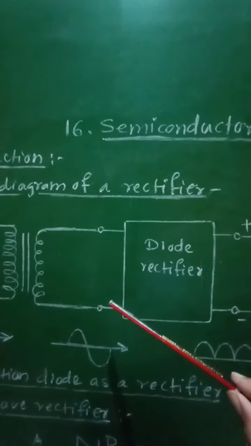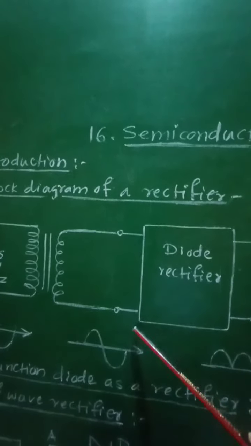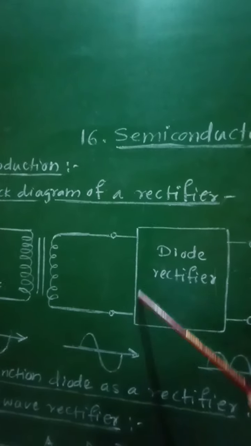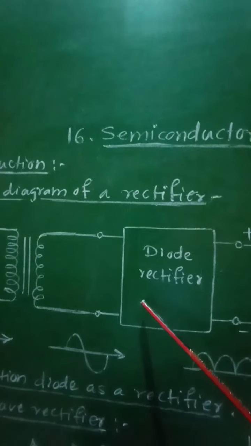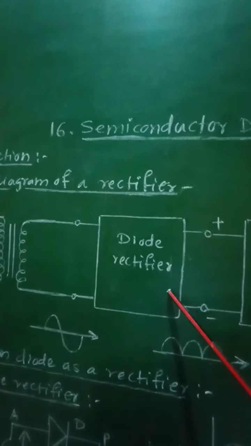The AC voltage which is connected to this diode rectifier will then be converted into DC by the diode rectifier.